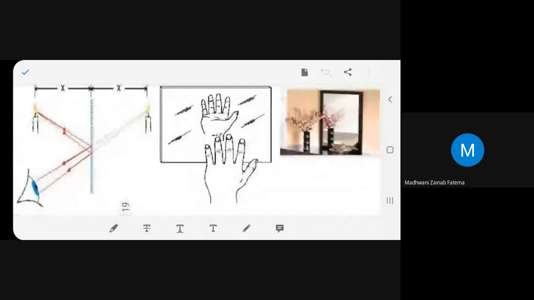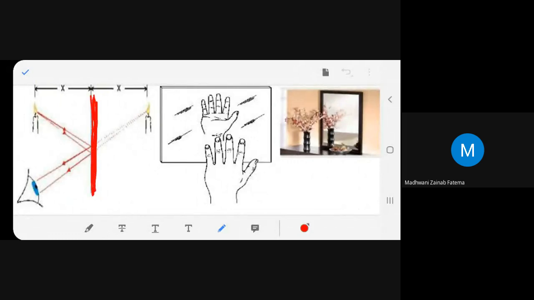Now, what exactly is happening? Please have a look. This is the mirror, on the left hand side that I'm showing. You are looking at yourself. This is getting reflected. Yes? And you are watching the candle. Can you see this candle? Yes, ma'am.